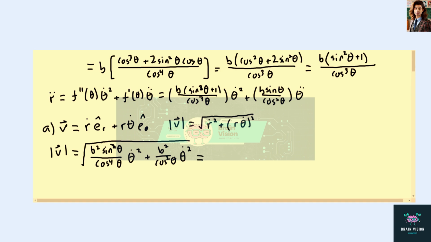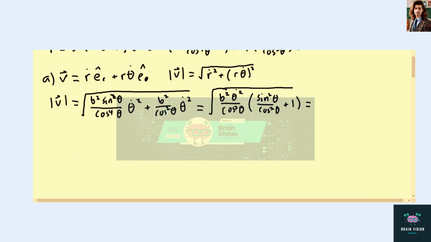And we can simplify this a bit. So we'll factor out a b squared theta dot squared over cosine squared theta. And then we've got a sine squared over cosine squared, which of course is tangent squared, plus 1 in there. And so we can write that as a b.